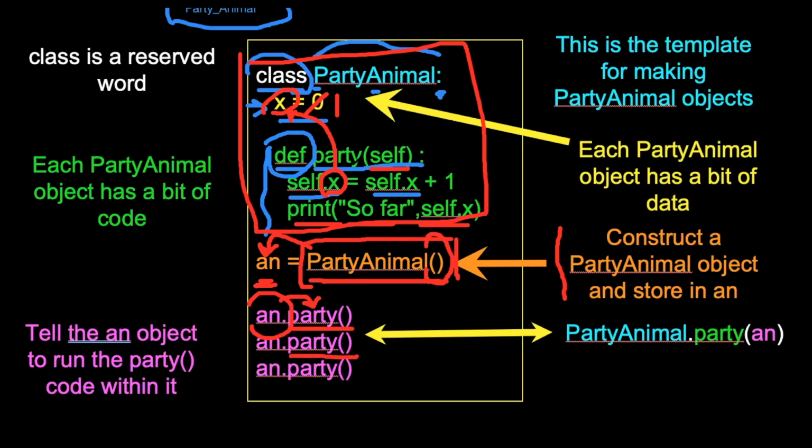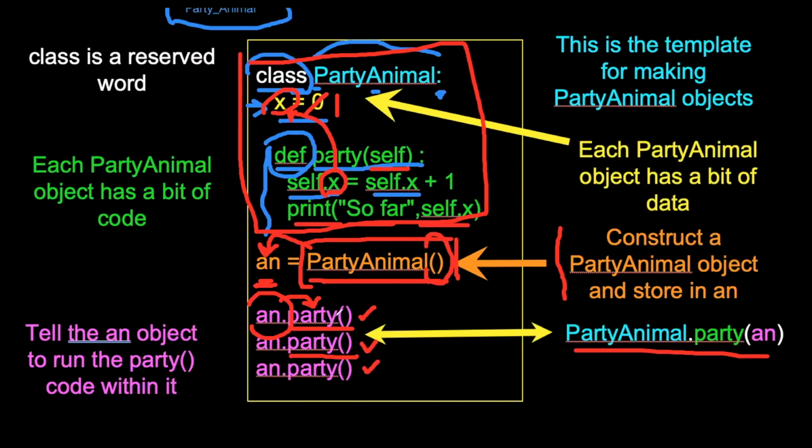You're telling that object, hey, can I invoke that party method, whatever the logic is inside party, in this case incrementing x by 1. So you're doing it 3 times, manually. Now remember, it's kind of interesting, you don't specify self in the call.